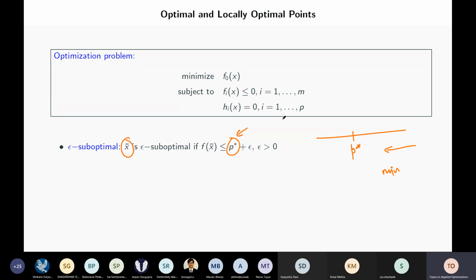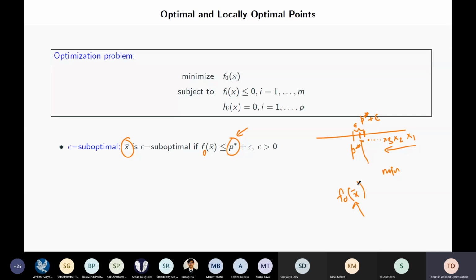Let us say I'm using some iterative method, like gradient descent. I get x1, then x2, then x3, and I'm approaching it. I expect that iteratively I may get close enough, let us say somewhere here, which is P star plus epsilon, so this distance is epsilon. If my objective f naught of x bar is somewhere within this range, then I am within the epsilon range of the optimal value, and I call the corresponding x bar epsilon optimal.